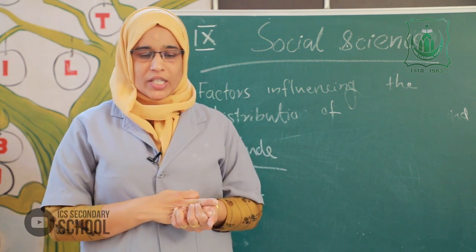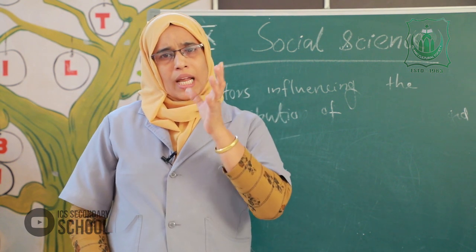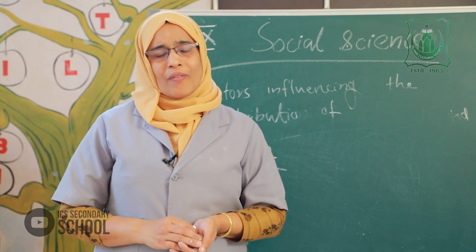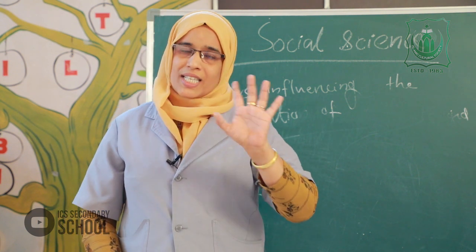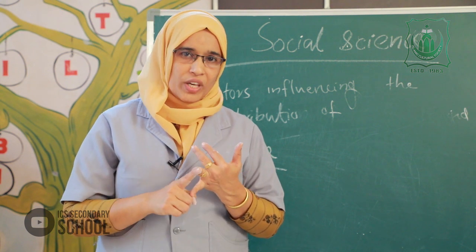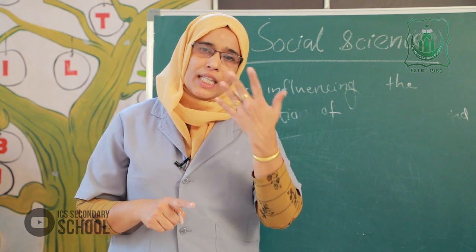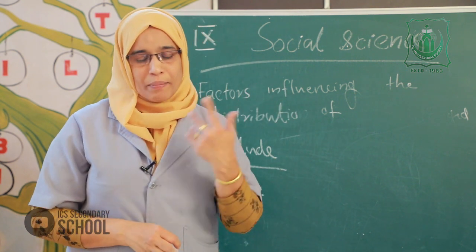Altitude means height. You know what the normal lapse rate is? What is the structure of the atmosphere? Four layers: troposphere, stratosphere, mesosphere and thermosphere. Previous knowledge, recall and remember.